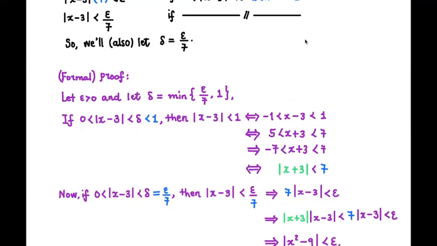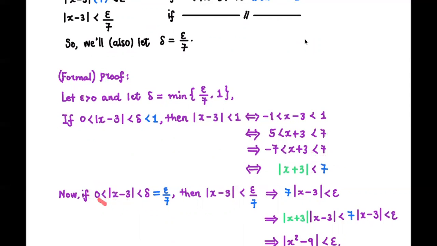And upon cross multiplying, we're going to combine these two here. By combining, it means I'm going to multiply absolute value of x minus 3 to both sides, to the left-hand side and the right-hand side. I mean, you can do so because absolute value of x minus 3 is positive. So it's very safe.